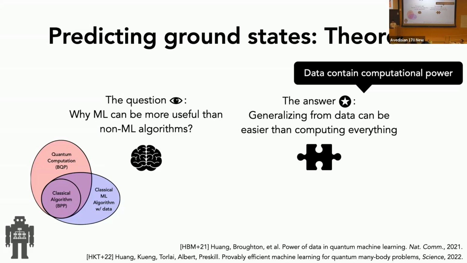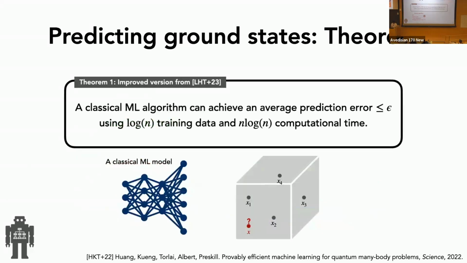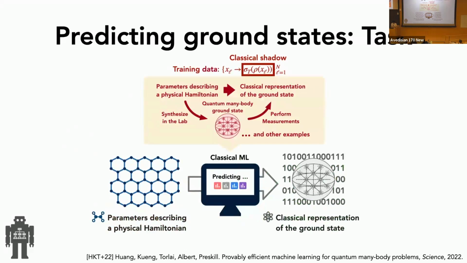Could you help me clarify, is classical shadow absorbed as part of the architecture of the machine learning model, or is it more to validate that your machine learning model is properly trained? Yeah, so classical shadow can be used in various regards. First, classical shadow is part of the training set of the ML model.